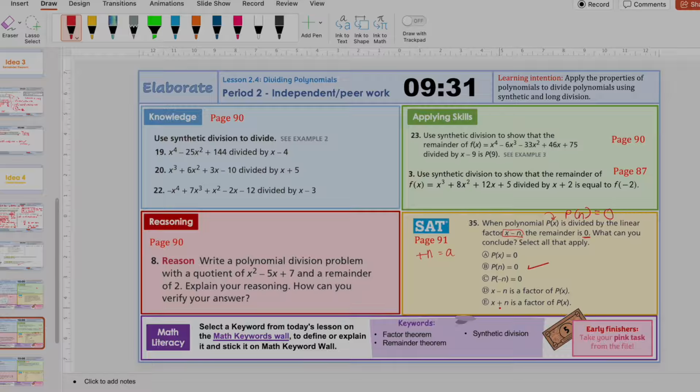Not negative n, because I always take the opposite sign. One more thing, I conclude that this thing is a factor. It's a very nice idea to try to solve such questions. They are a bit tricky, but you will have a deeper idea of the lesson.